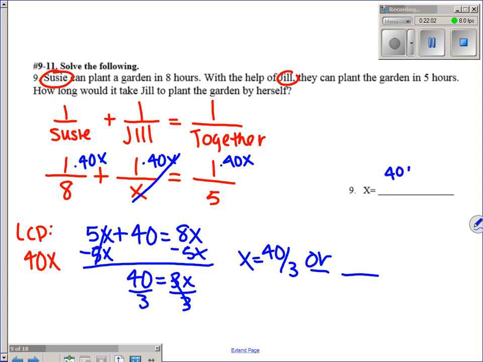But we'll leave it in this case as 40 over 3, and it was hours. So if you got the decimal version, that is fine. I just don't have my calculator right now.